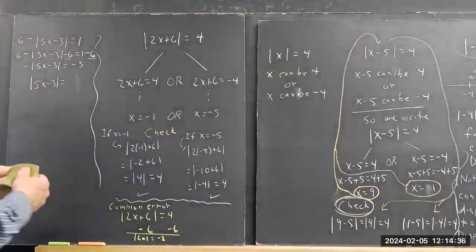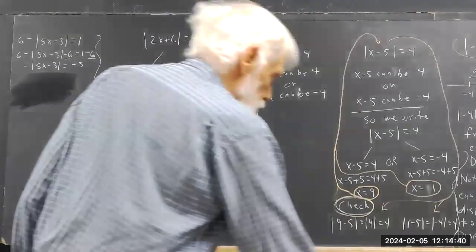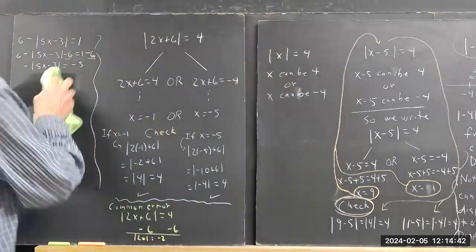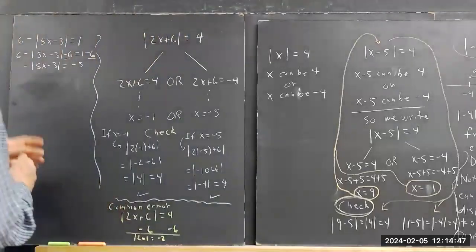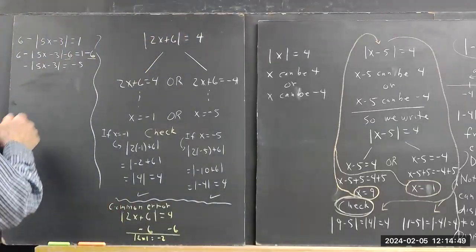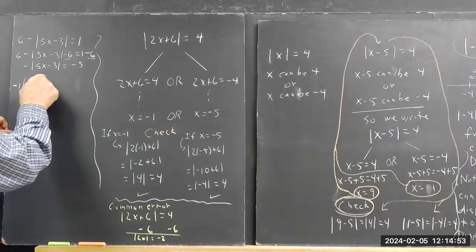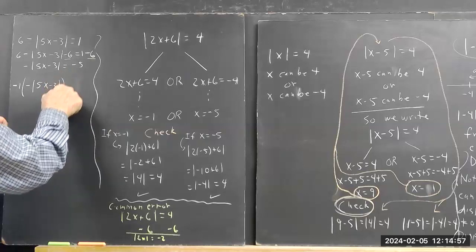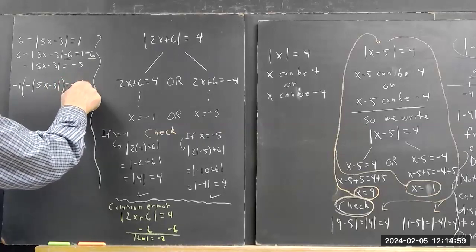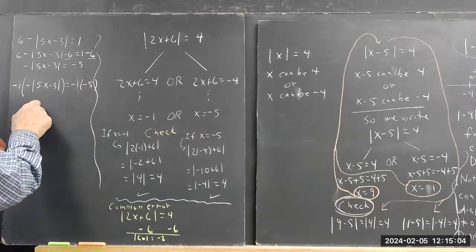Well, I don't really have room to do that step, so I'm going to get rid of that. That's what we're after. We don't want a negative absolute value of 5x minus 3. We multiply both sides by -1.